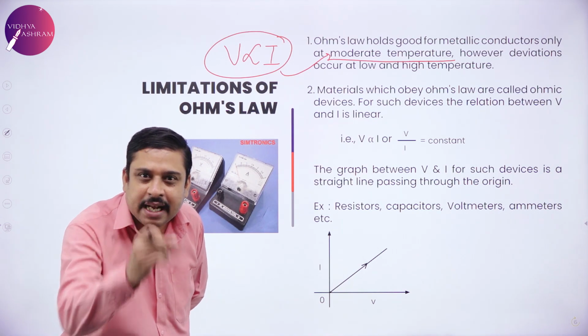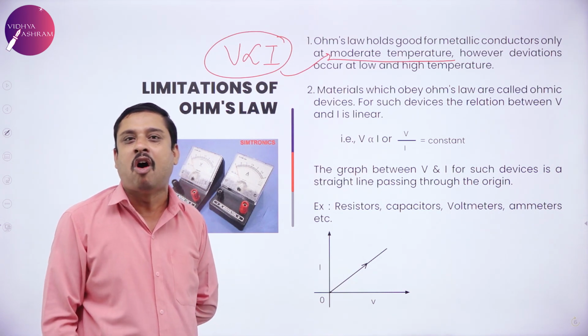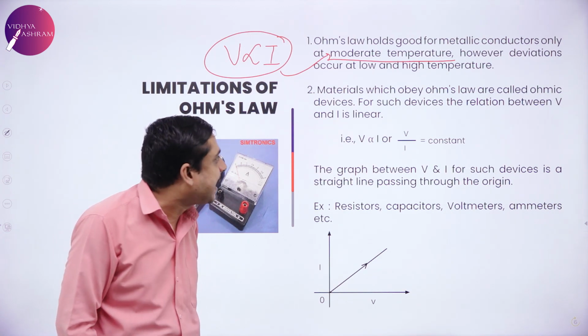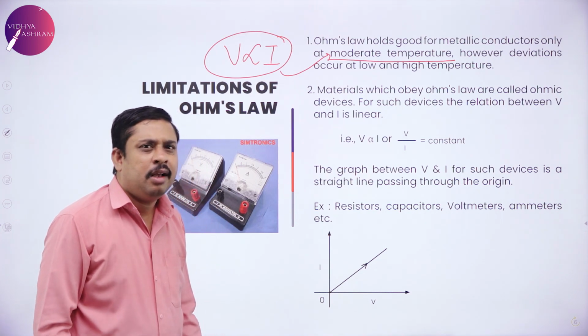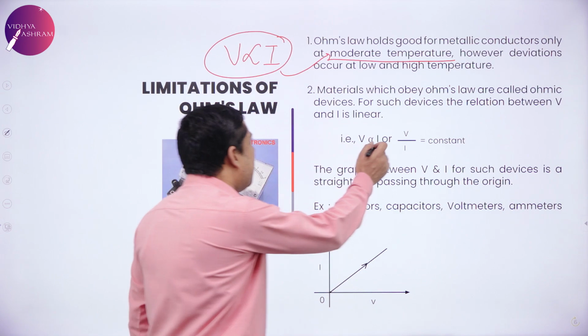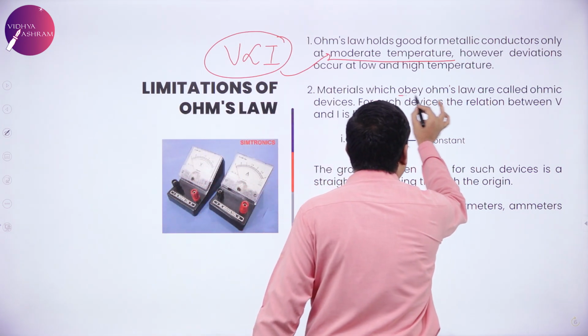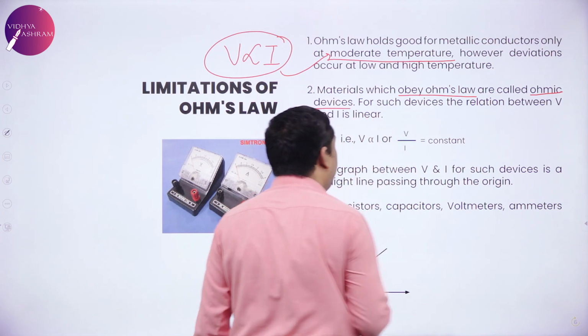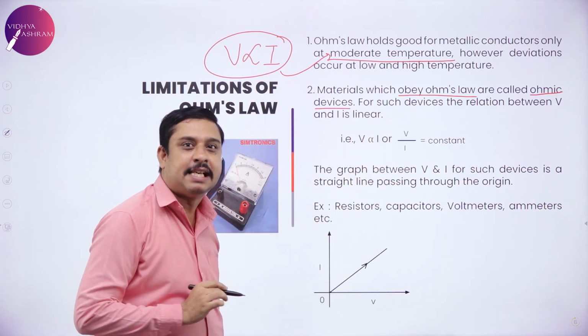You cannot establish Ohm's law if there is a variation in temperature. Second one, there is a textual statement which says materials which obey Ohm's law are ohmic devices.